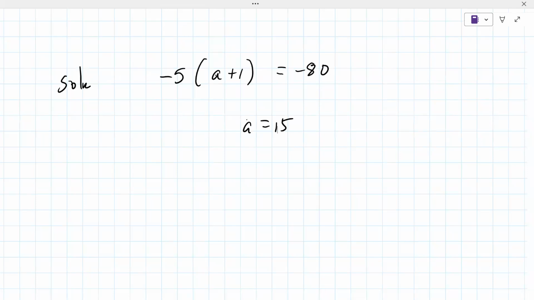All right. Solve and graph x plus 3 less than negative 4.